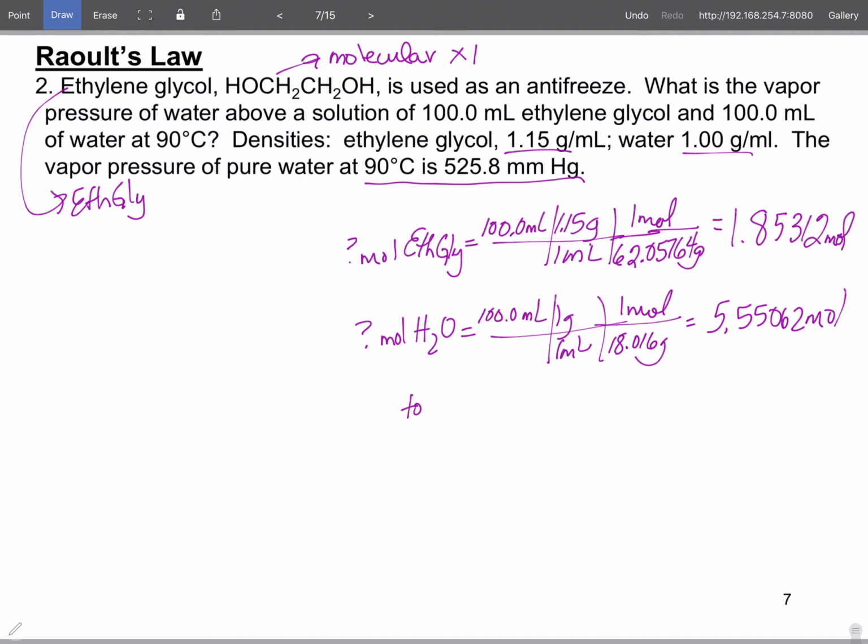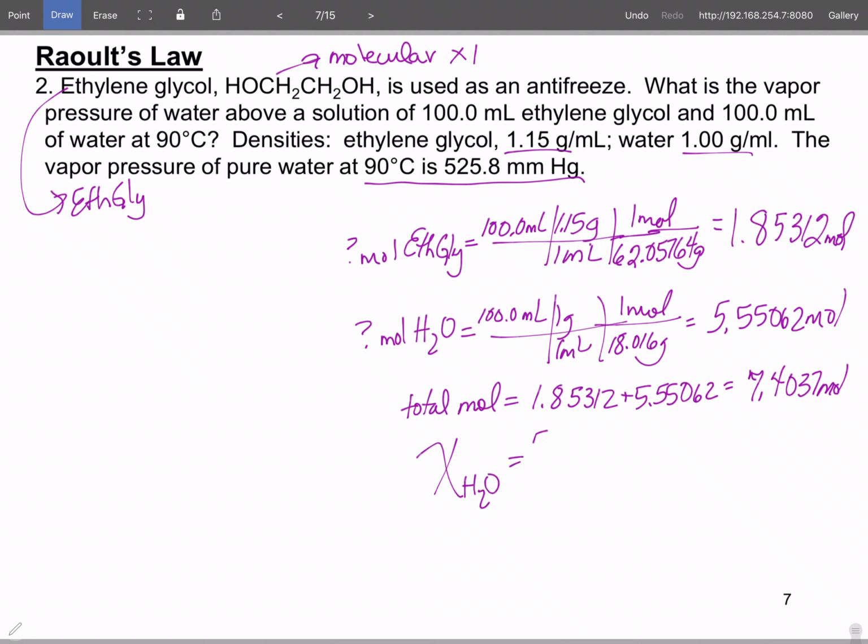So the total moles are equal to 1.85312 plus 5.55062, which comes out to be a whopping 7.4037 moles total. Our mole fraction of water, we're not interested in the ethylene glycol because it's a solute.